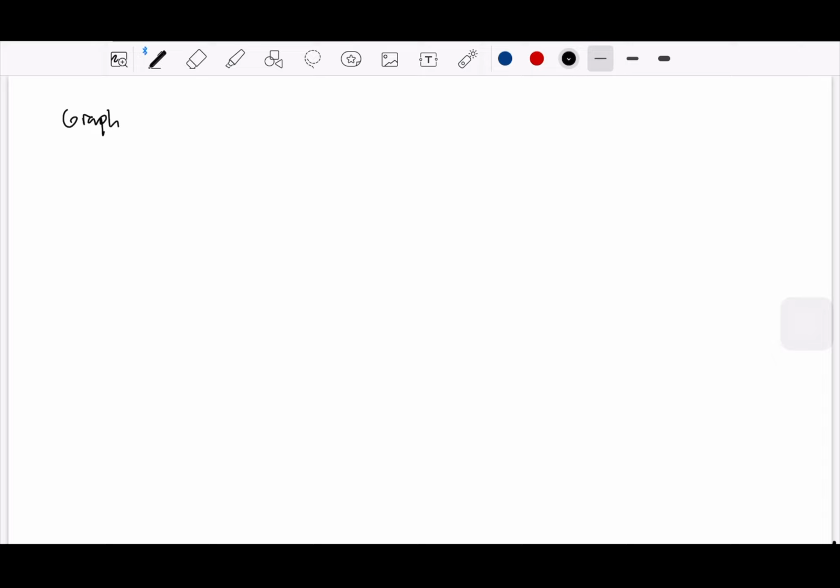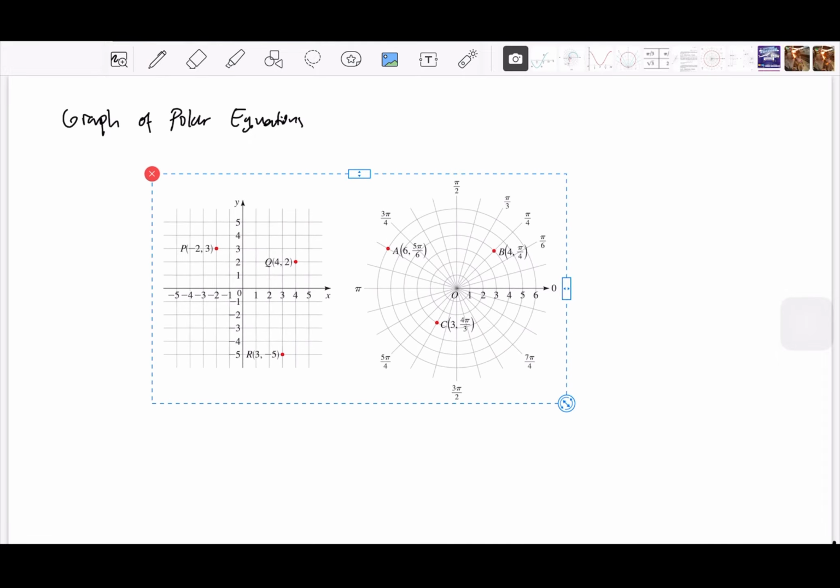Okay. Now we'll move on to how to graph polar equations. At the beginning, we were shown that the rectangular coordinates and polar coordinates, we could differentiate by this grid.